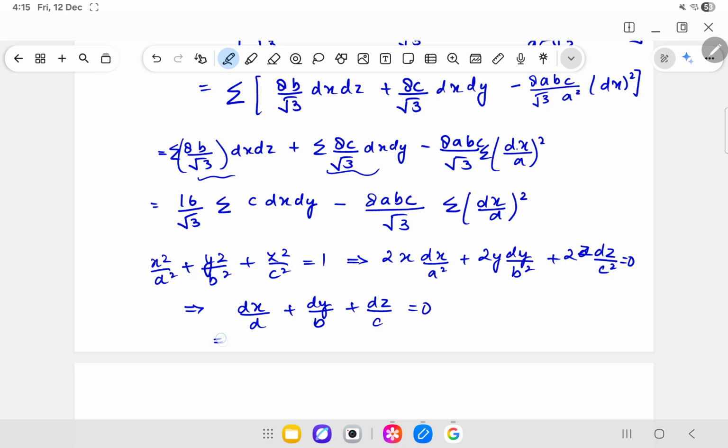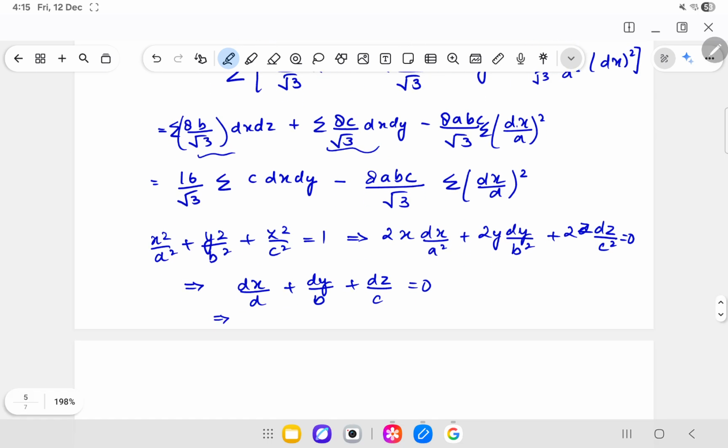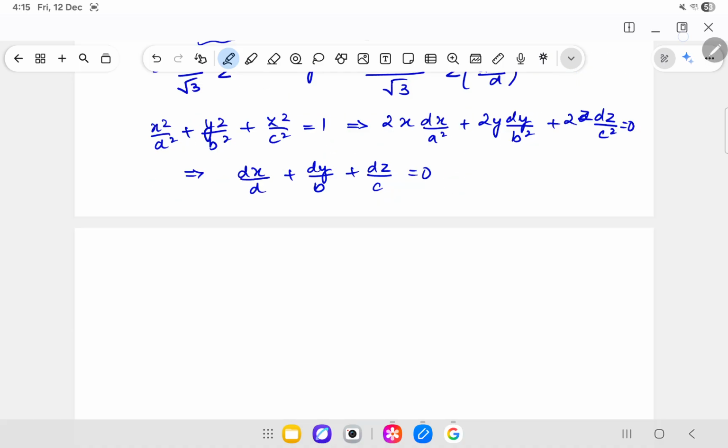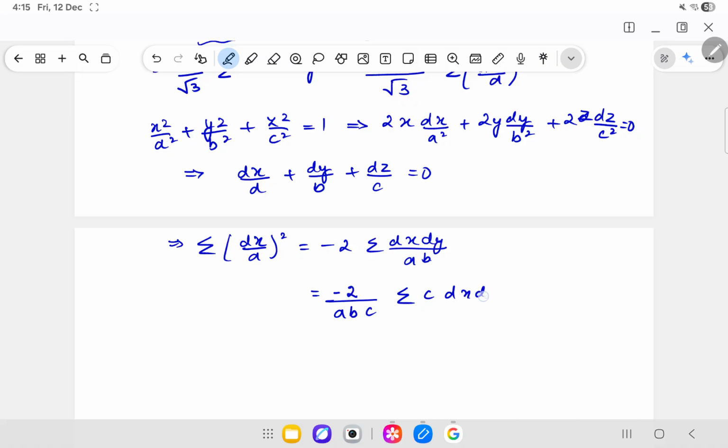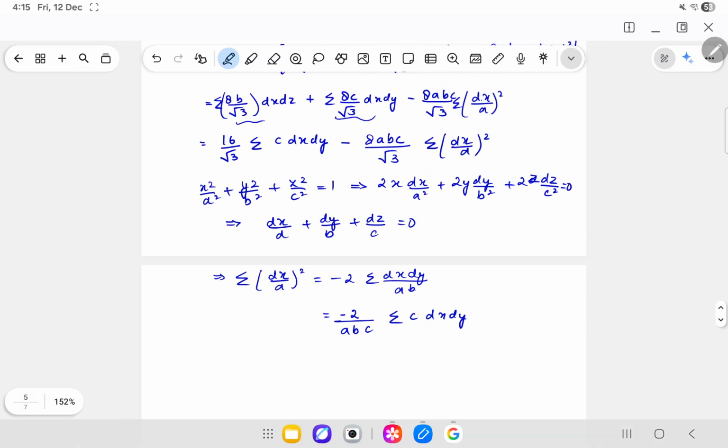That will basically give us dx by a plus dy by b. So this will basically give me summation dx by a square equals minus 2 times summation dx dy divided by ab. So it will be equal to minus 2 divided by abc times summation c dx dy.